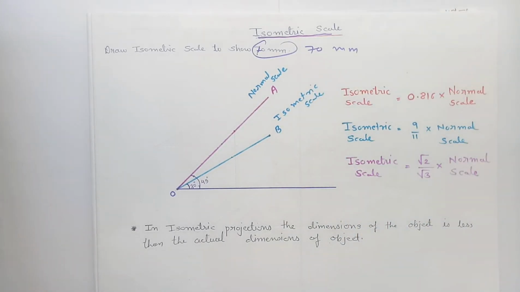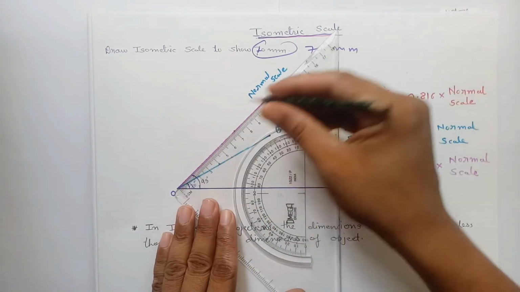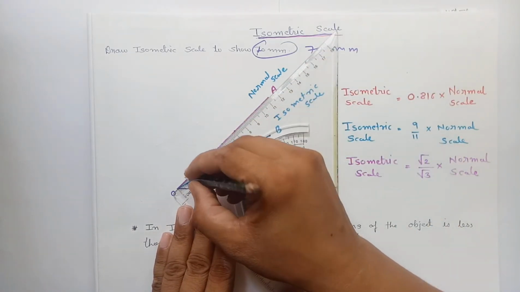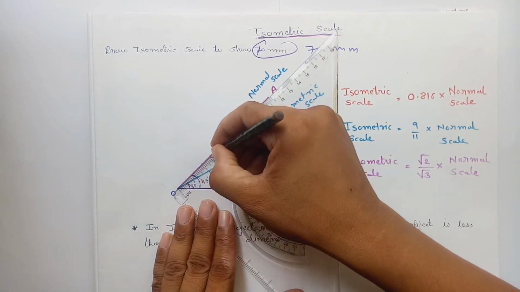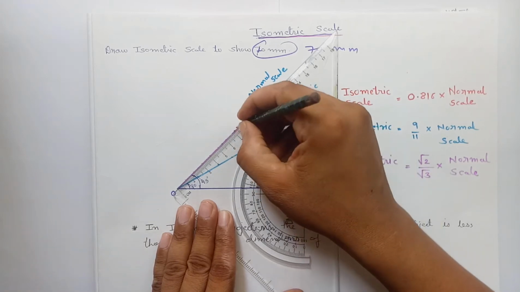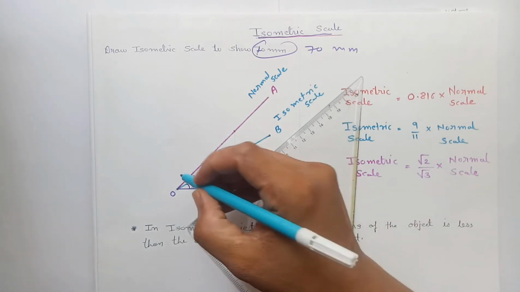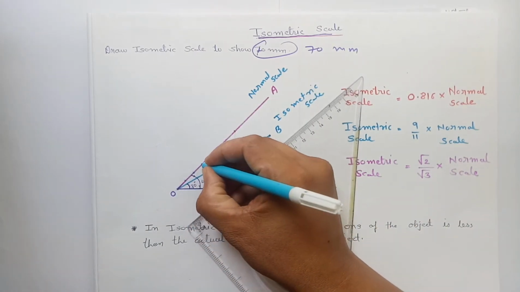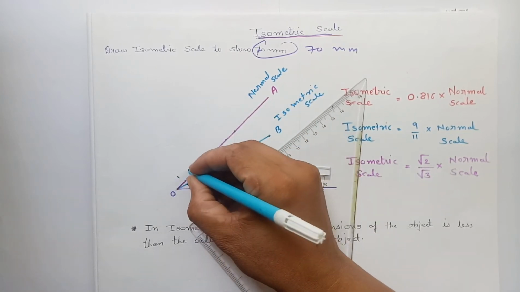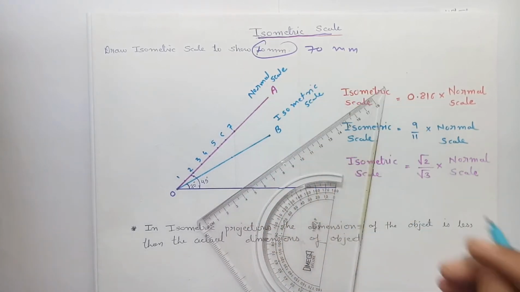Now measure 70 mm actual scale length on the OA line and mark the points up to 70. So 1, 2, 3, 4, 5, 6, 7, which is 70 mm. So this length is 70 mm, which is our actual scale length.